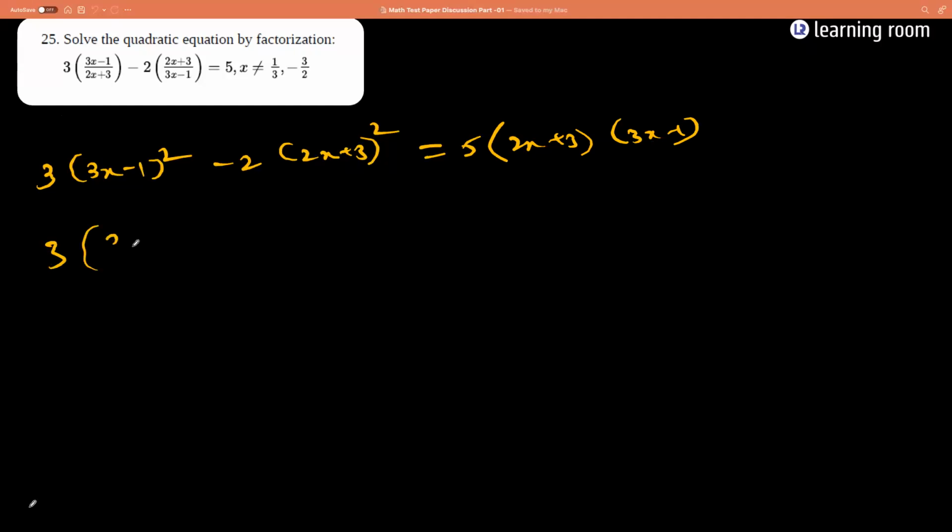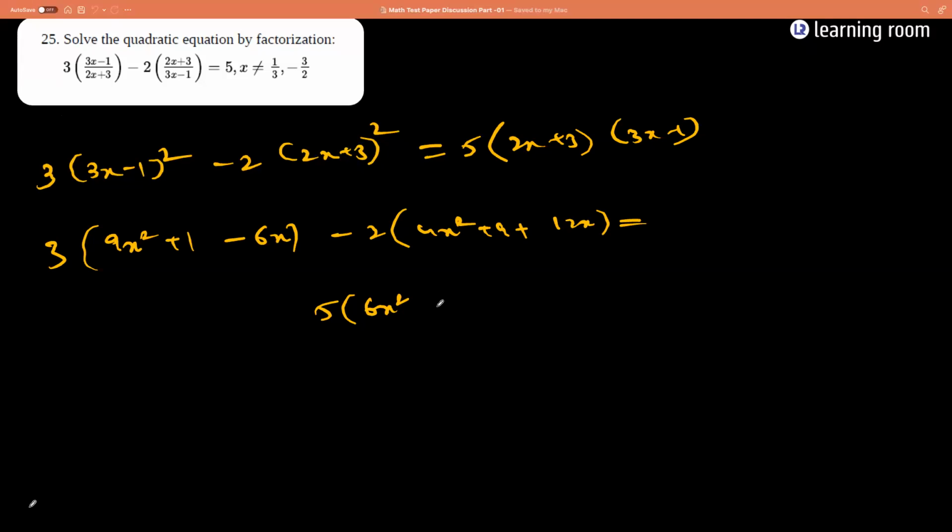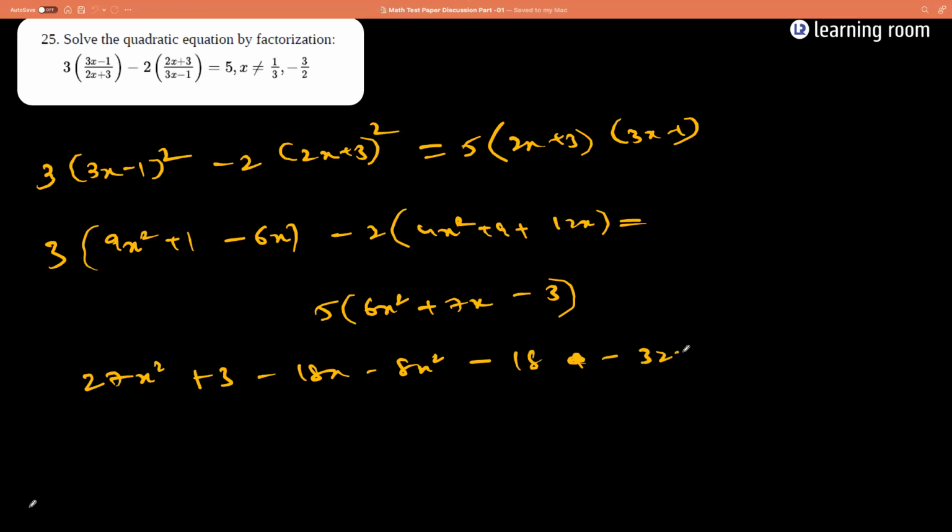So 3 into 9x square plus 1 minus 6x, minus 2 into 4x square plus 9 plus 12x, is equal to 5 into 6x square minus 2x plus 9x minus 3. So 27x square plus 3 minus 18x minus 8x square minus 18 minus 32x is equal to 30x square plus 35x minus 3.